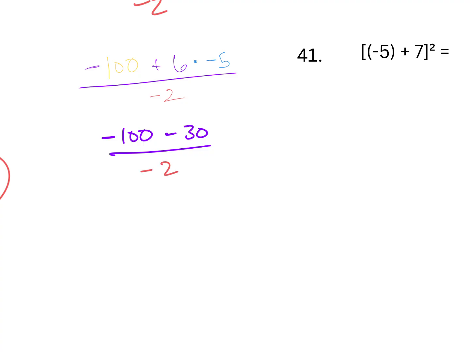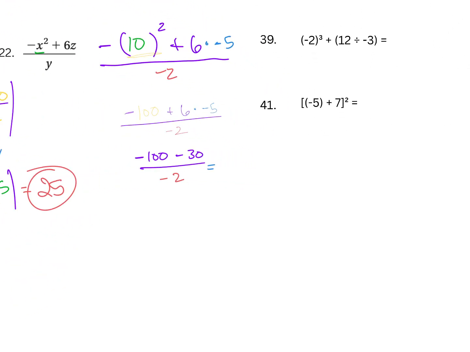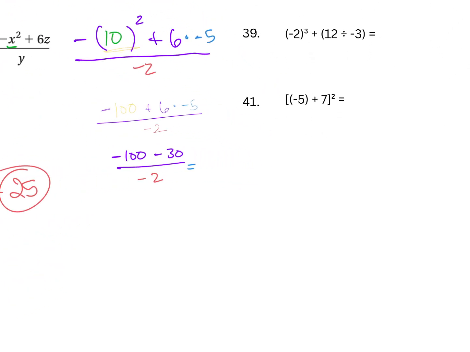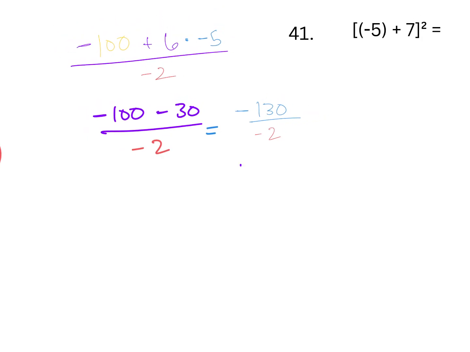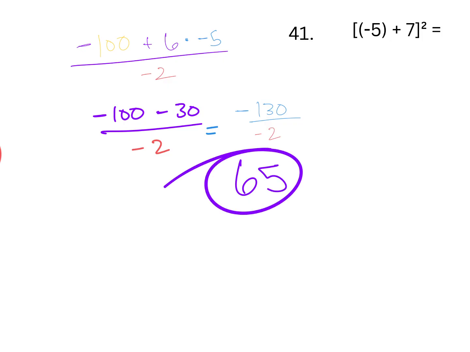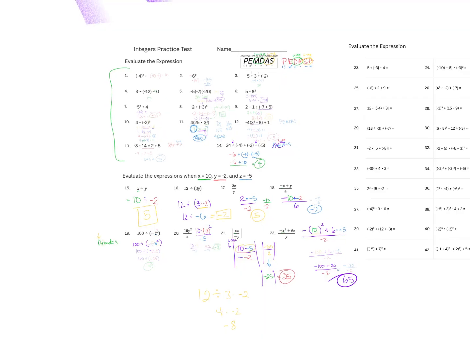On top, we can simplify that to be, I was about to say, we have more to do. That's the next page. Just kidding. Negative 130 over negative 2. This is positive 65. Okay, we've done the entire front page.